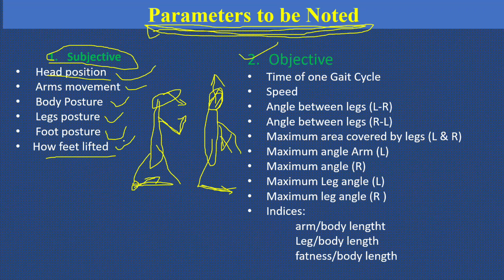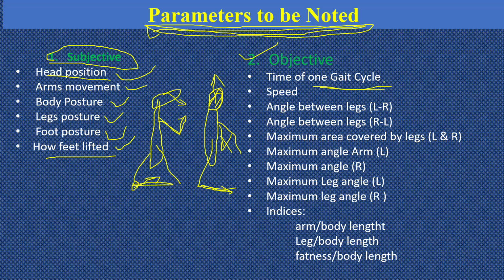When we are talking about the objective parameters, there are various parameters like the gait cycle, the time taken to complete a whole gait cycle.